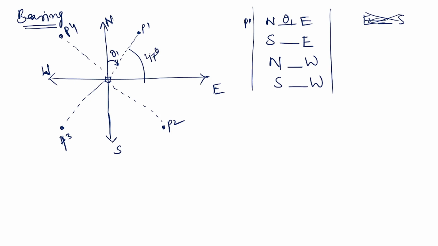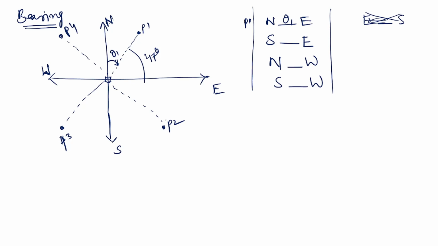You cannot write north 47 east unless it is measured from north. You should calculate the angle from the north to that point, then express it as north theta 1 east. You cannot write east 47 north also. You better prefer writing N theta 1 E.